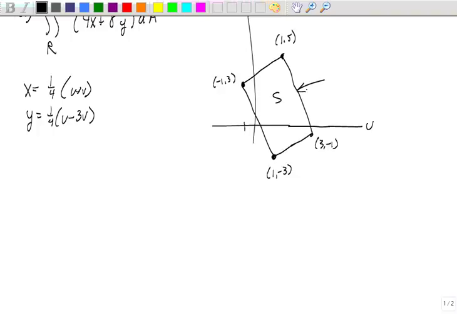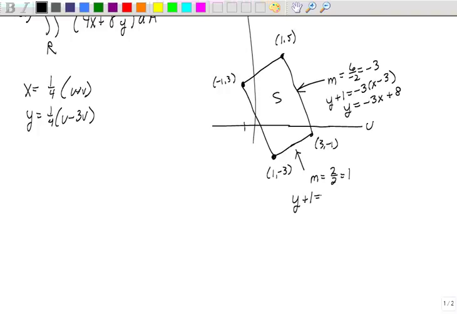let's do this one. The slope is rise over run, so that's -3. So we have y plus 1 is -3x minus 3, so the equation is y equals -3x plus 8. For this one, the slope is 2 over 2, which is 1, so we have y plus 1 equal 1 times x minus 3, y equals x minus 4.